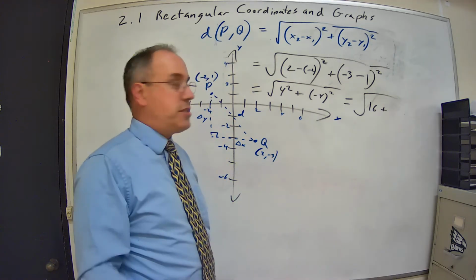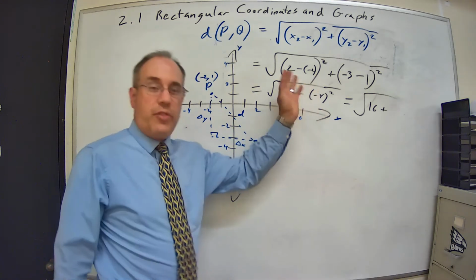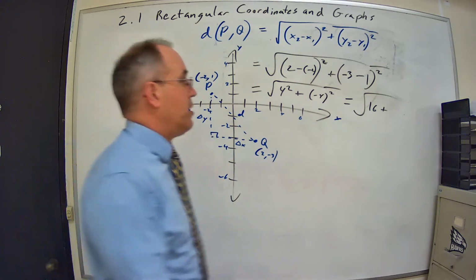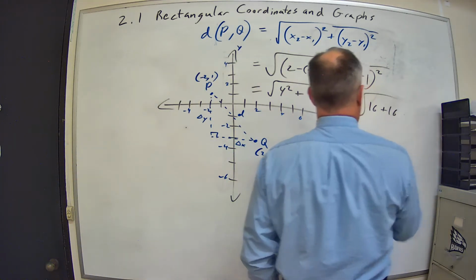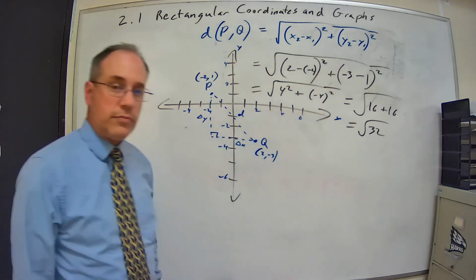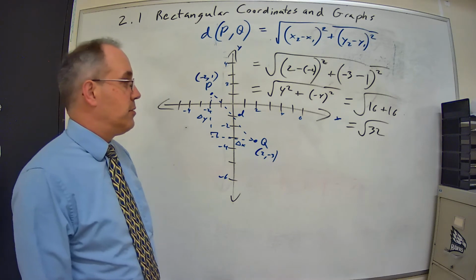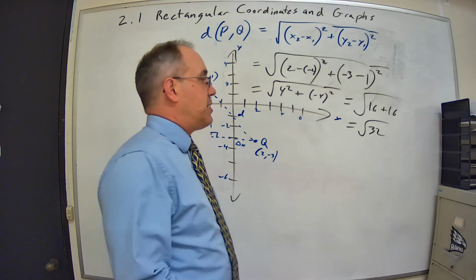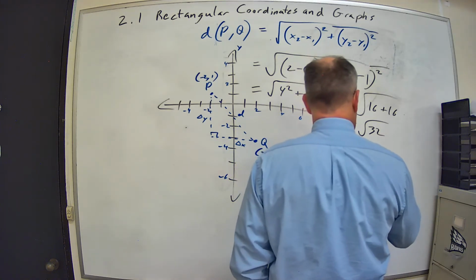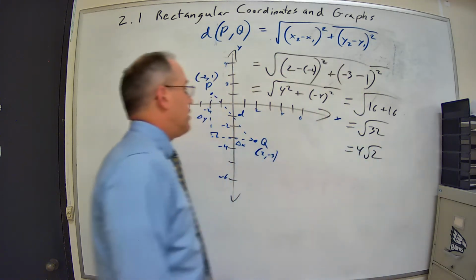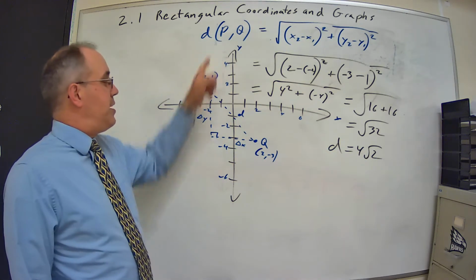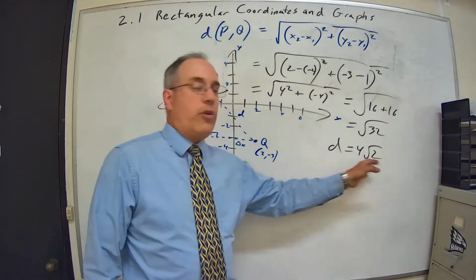Negative 4 squared is 16. Notice we don't have to deal with absolute values here because when we square it, it's going to get rid of the negative anyway. So 16 plus 16 is equal to the square root of 32. 32 is 16 times 2, so is equal to 4 square root of 2. So the distance between point P and point Q is 4 radical 2.